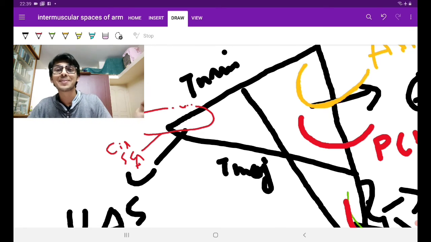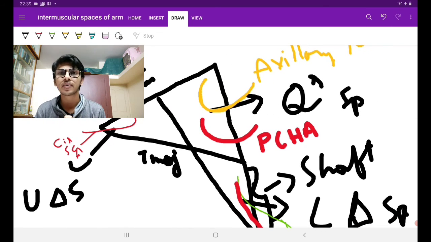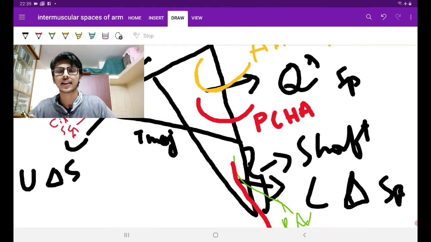Now, what is the clinical importance, guys? The clinical importance is, you're finding these spaces, right? They are bound between the muscle and the bone. So think that there is some muscular mass or hypertrophy of the muscle, or abnormal injection of steroids. Body builders, if they are injecting synthol into some muscle there, whether it be the long head of triceps or the teres minor or teres major, it will grow, isn't it?